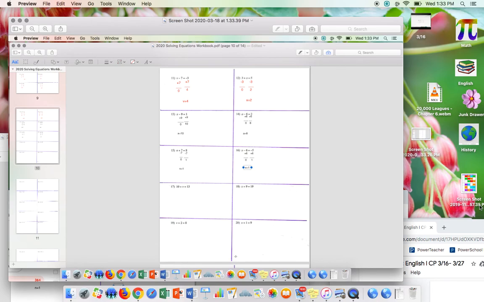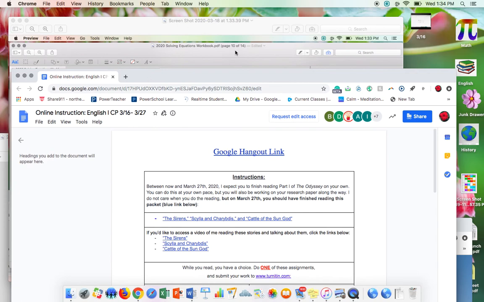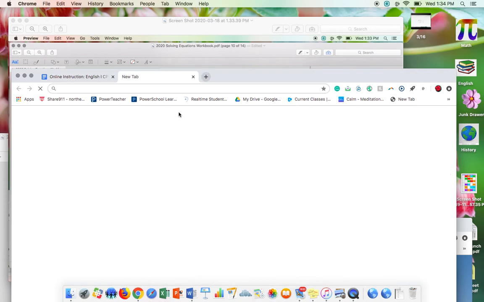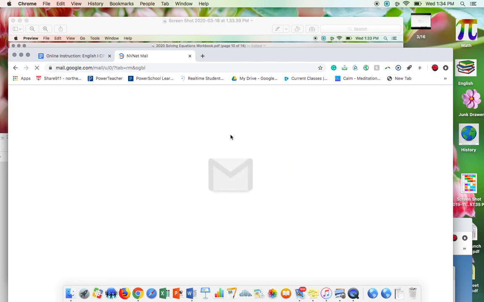So this is now called Screenshot 2020 3/18, because that's today's date that I'm doing this, at 1:33 p.m. Okay? That's what mine says. Yours will say a different time. And then you can go and email it. So I would go to my email.